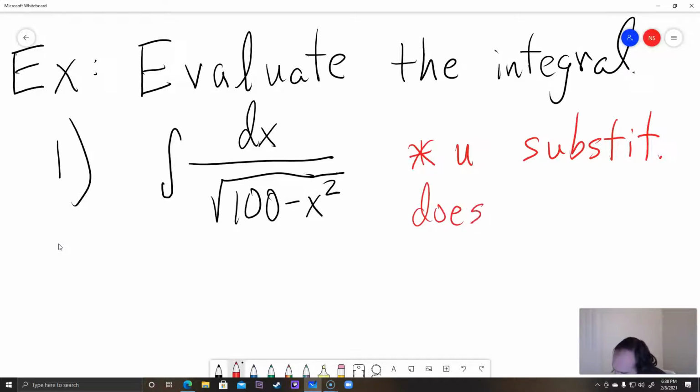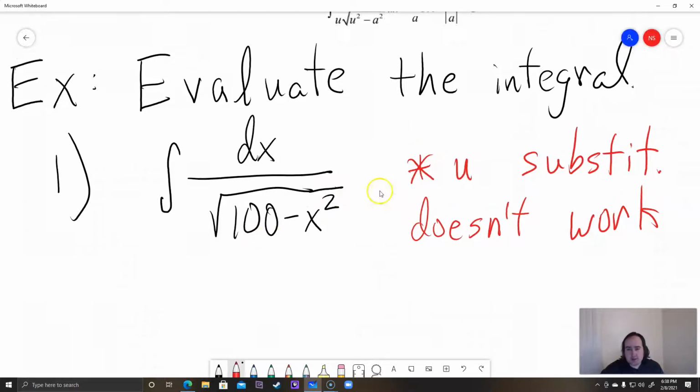I don't want to take the time to write all that out, but it does not work on this problem. As a result, this integral is pretty much impossible to do unless you use a computer to calculate it numerically, or you use one of these new formulas.